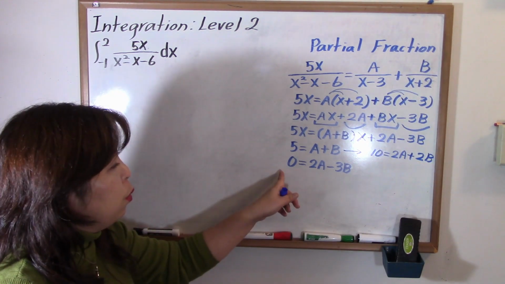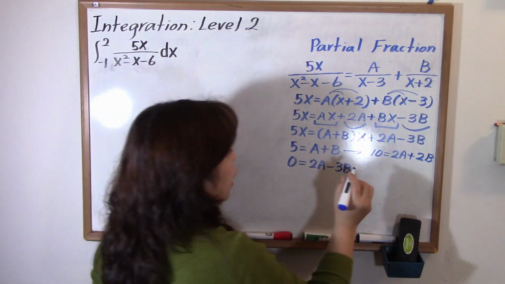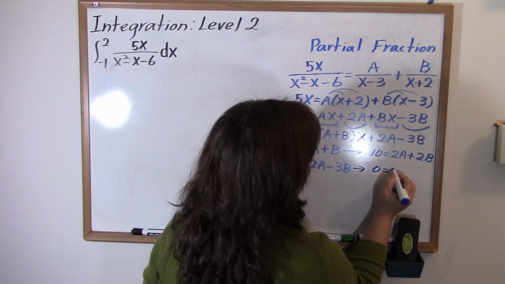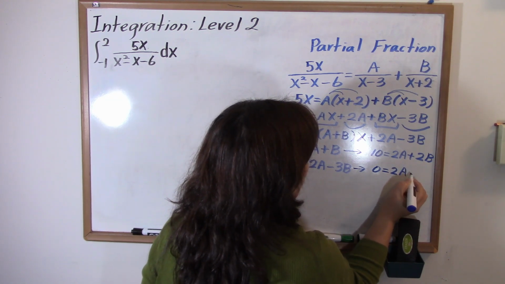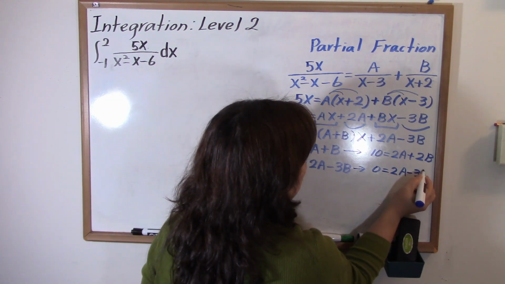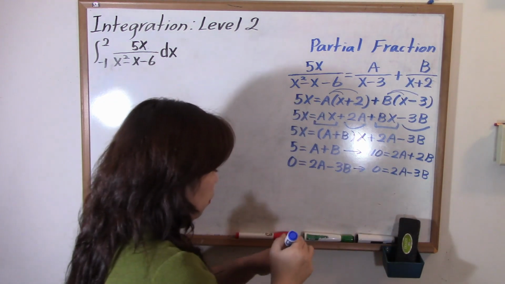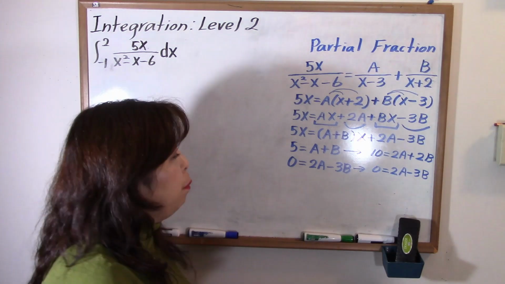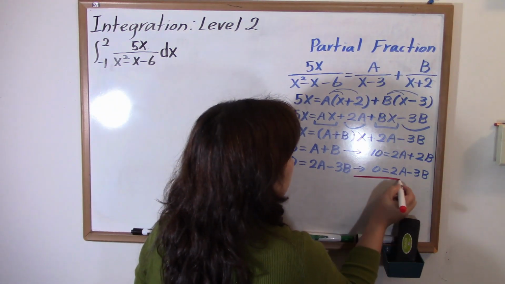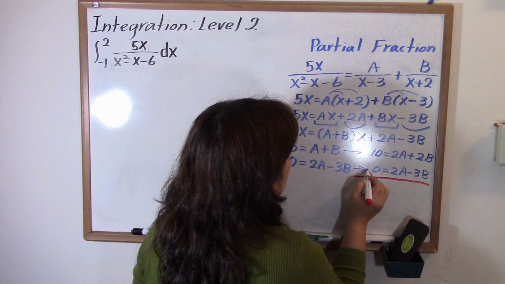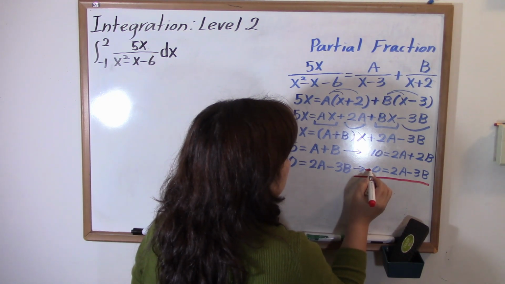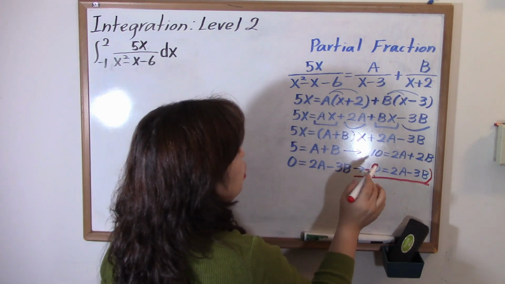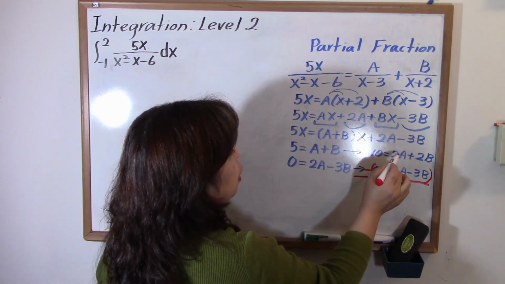And then next one, we're going to move this equation to the right. 0 is equal to 2A minus 3B. So, next step, we are going to subtract this equation from this equation.